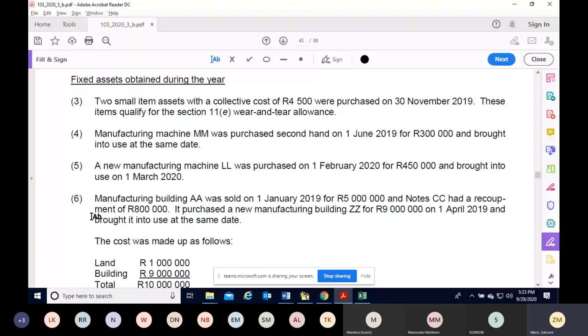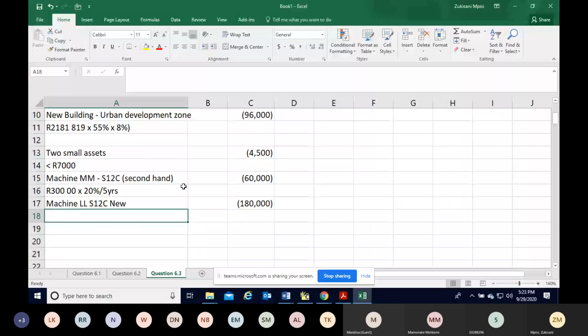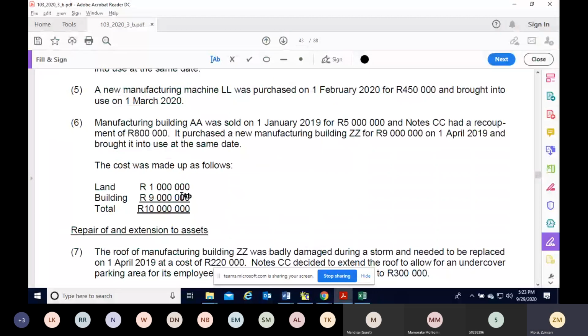Manufacturing building AA was sold on 1 January 2019 for 5 million, and Note CC had recoupment of 800,000, and it purchased a new manufacturing building ZZ for 9 million on 1 April 2019 and brought it into use at the same date.